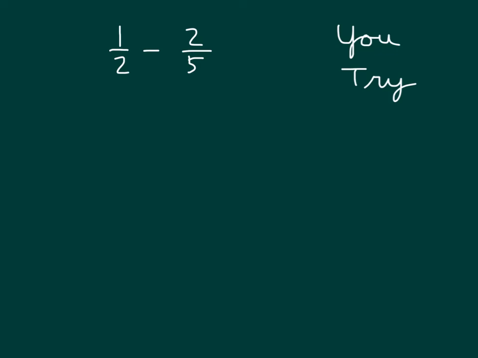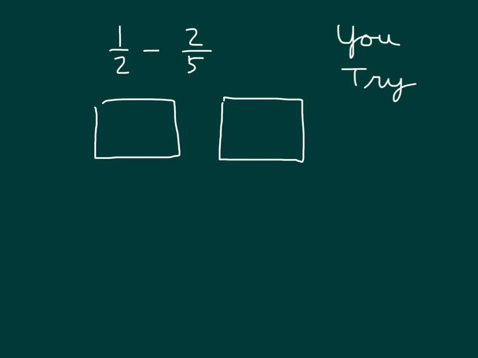Your turn to try. Let's try 1/2 minus 2/5. Pause the video. Start off with a couple of rectangles, one for 1/2 and one for 2/5. Those rectangles should be the same size. For 1/2, you would divide it into 2 parts, and you're only looking at one of those parts.